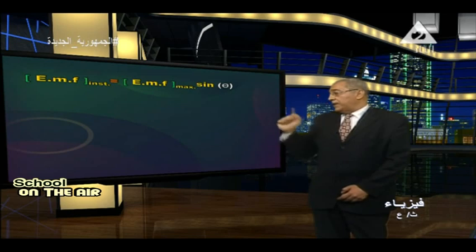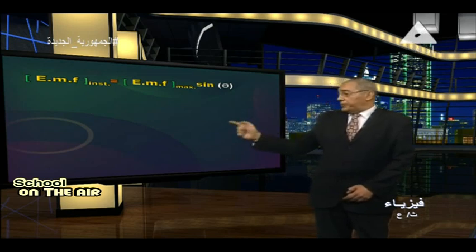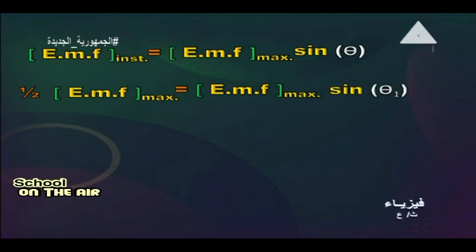Instantaneous EMF at a certain point equals half EMF maximum. So EMF maximum sine theta, EMF maximum will be cancelled out, so half equals sine theta 1, theta 1 equals 30.